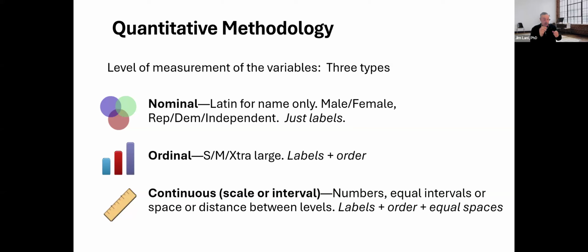The distance between 1 inch and 2 inch is the same as between 2 and 3 inches, and the same as between 56 inches and 57 inches. So you have more granular and more information with continuous. That's all you need to know about levels of measurement. There's 3 of them: nominal, name only; ordinal, ordered; scale, like a ruler, okay? That's it.